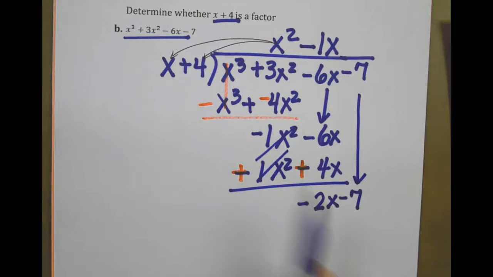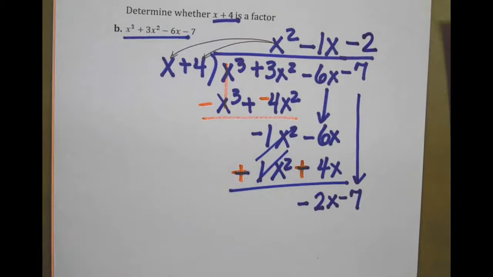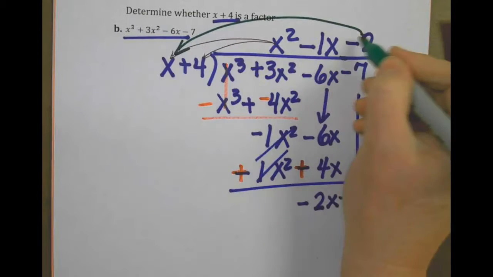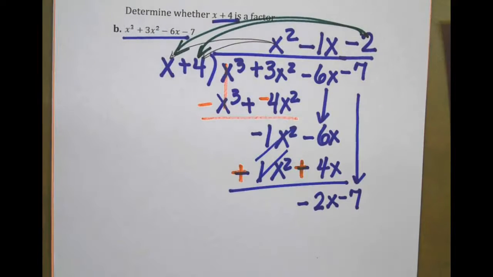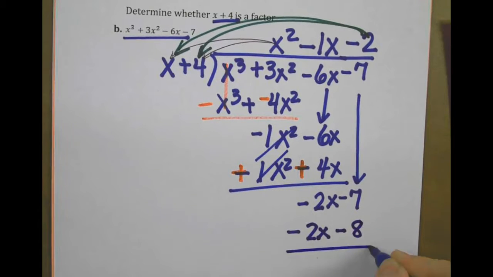X multiplies by negative 2 to equal negative 2x. And so I'm going to need to multiply by negative 2. This negative 2 is going to multiply by the x, and it's also going to multiply by the 4. So this is going to be negative 2x minus 8.